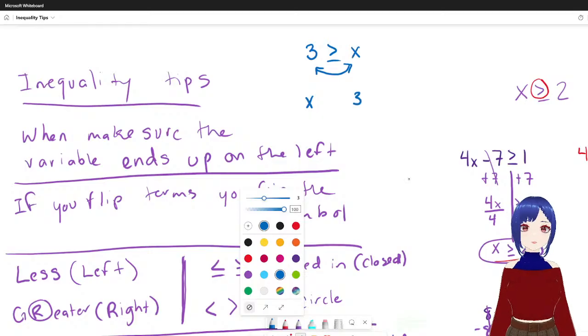We flip-flopped them, so we have to also flip the symbol. Another way that I like to do this is whatever number or term the symbol is open to, it has to stay that way. Since in the original version it was open towards the 3, if I move the 3, it needs to stay open towards the 3. So if you flip your terms, you gotta flip your symbol.